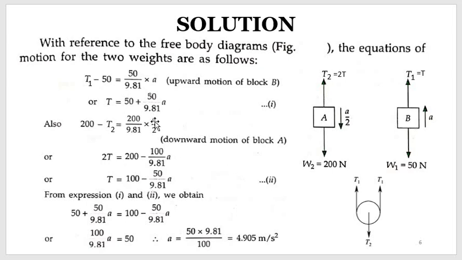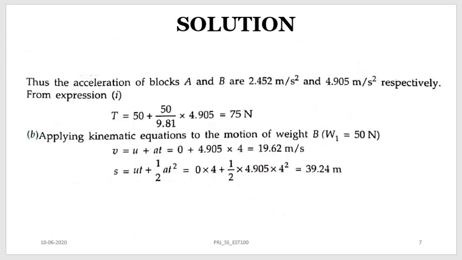Now equating 1 and 2, we get the magnitude of the acceleration, which is equal to 4.905 meter per second square. That is the acceleration of the system. For getting the tension value, substitute the acceleration in expression 1 or 2, and the magnitude of the tension we obtained is 75 Newton.